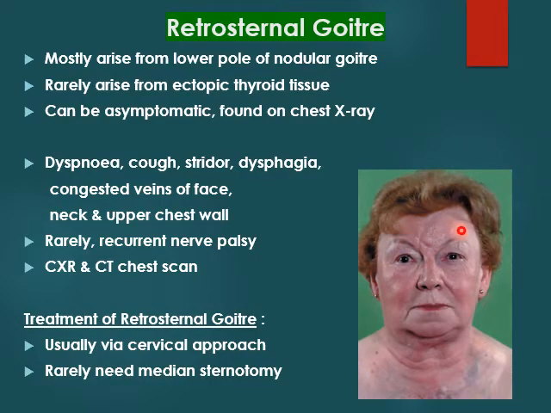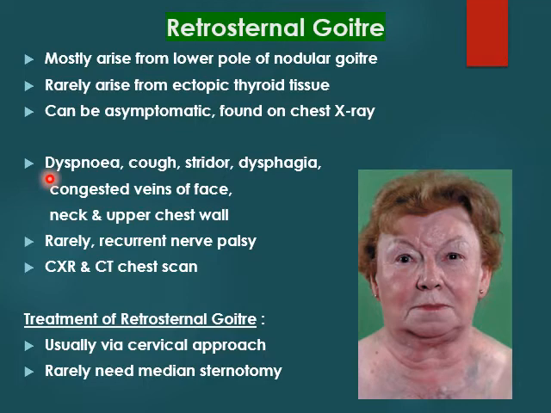Okay, this is a patient with a retrosternal goiter, where the thoracic inlet is obstructed by a goiter extending into the mediastinum, and it usually arises from the lower pole of the multinodular goiter. Rarely it arises from ectopic thyroid tissue. Patients can be symptomatic or asymptomatic and found on routine chest X-rays.